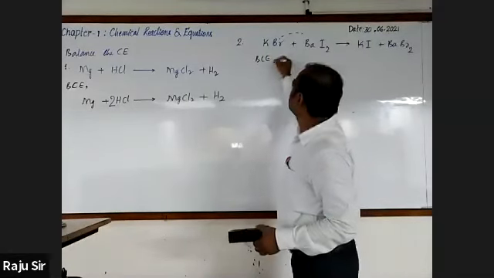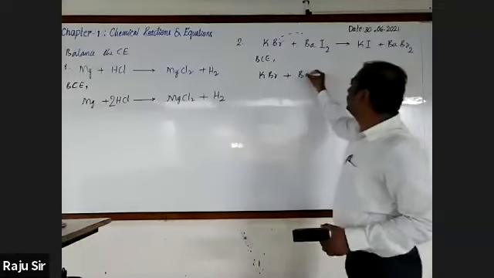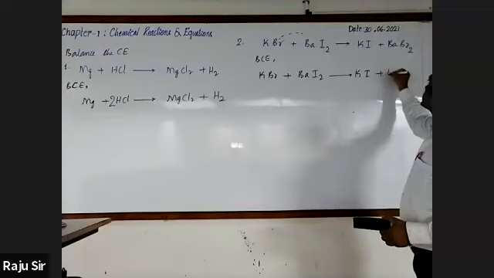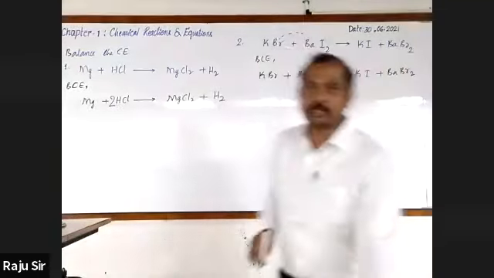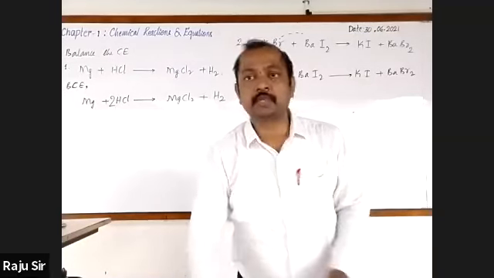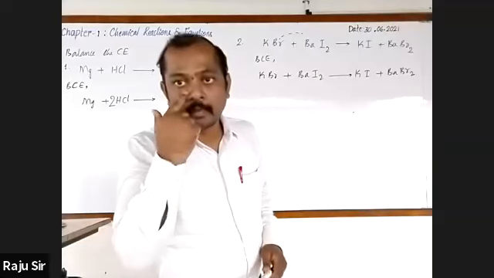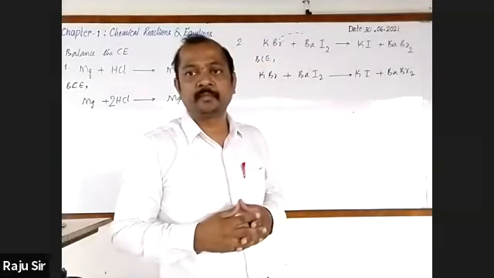as the balanced chemical equation: KBr as it is plus BaI2 as it is gives rise to KI plus BaBr2. Now, could you tell which element should be chosen for balancing? Pranati, which element can be chosen?